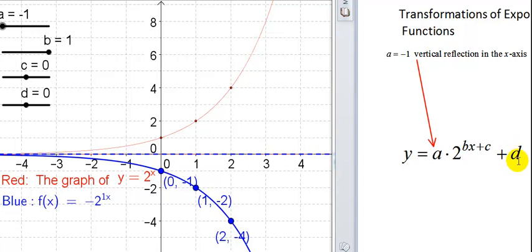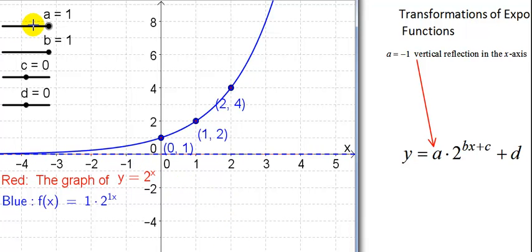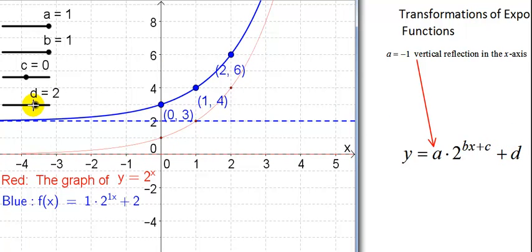So now we want to figure out what happens when I change the value of d. This number is added or subtracted outside the function. So again, knowing what we know from our previous work, this is going to be a vertical effect. So let's go over here. We're going to take a back to 1. D right now is 0. So what happens when I add a number outside the function? Let's make d 2.